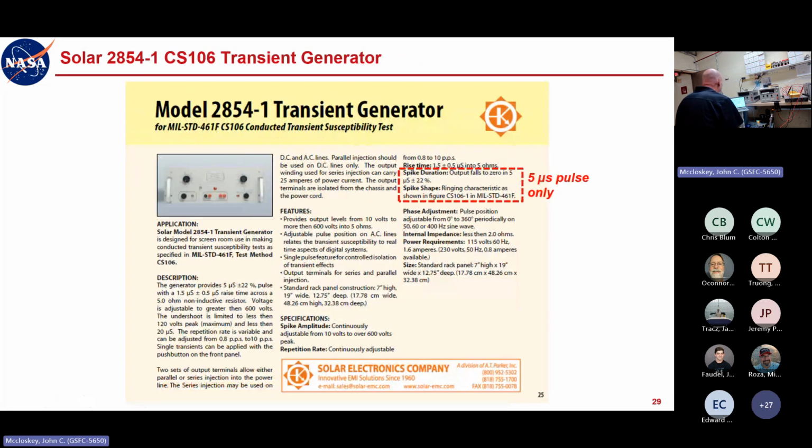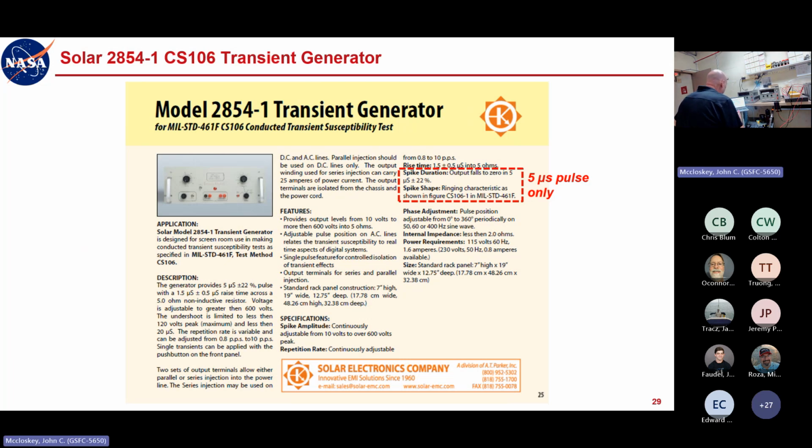Now this is the 2854, also by Solar, CS106 generator, and its whole raison d'etre, mission in life, is to give you a 5 microsecond pulse. Basically the same shape, just the pulse width is 5 microseconds.